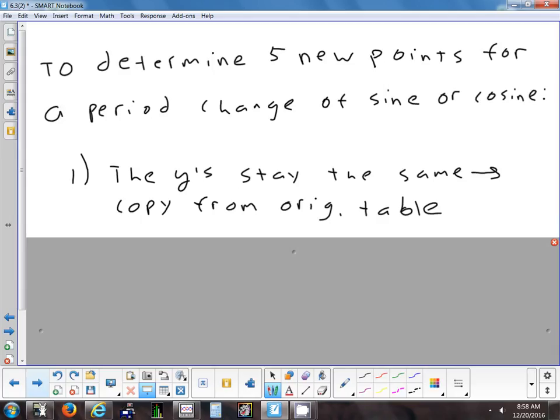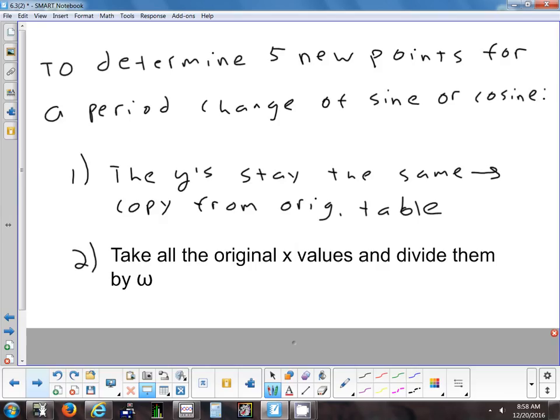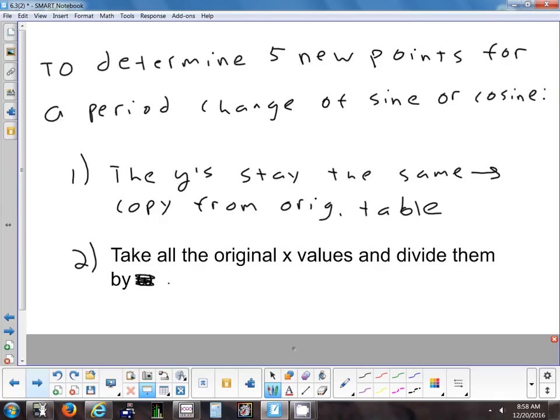And now, what do you think we're going to do to find the new x's? Yes, we're going to divide. Because remember, we do the opposite. So when we did a vertical stretch, we multiplied the y values by the vertical stretch. This time, we're going to divide the x values by b. That's one way to think about it.